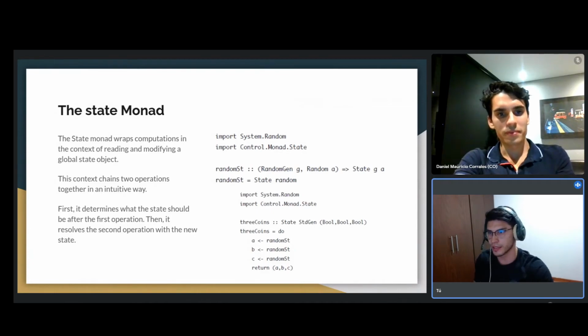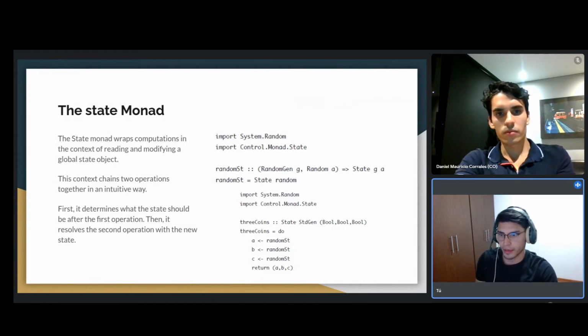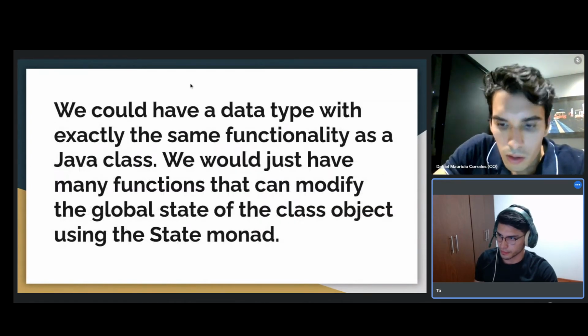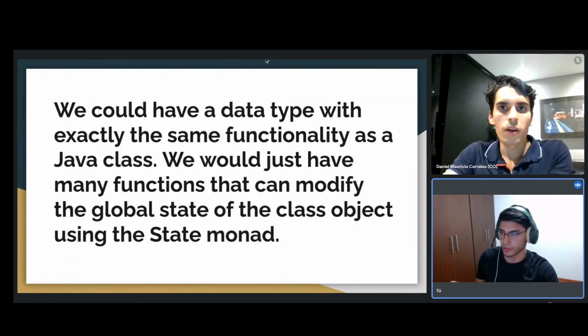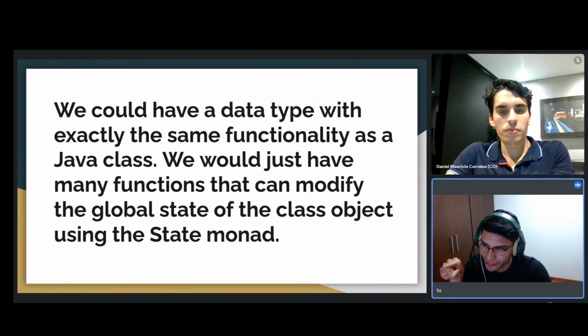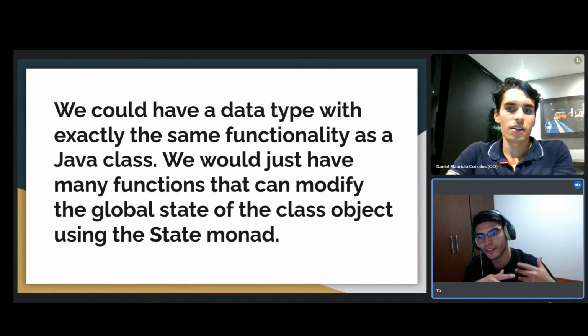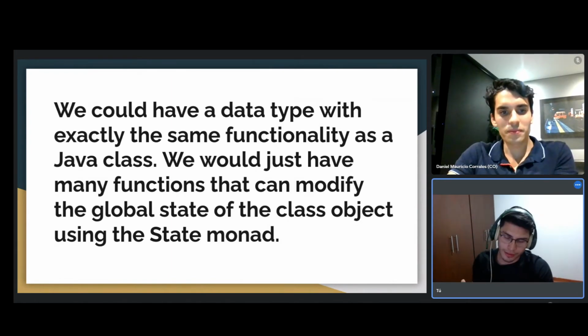Okay, so in this example, we have the syntax of how we can get a state monad with a practice example. Okay, when we go next, this is really important. We could have a data type with exactly the same functionality as, for example, a Java class. We will just have many functions that can modify the global state of the class object using the state monad.